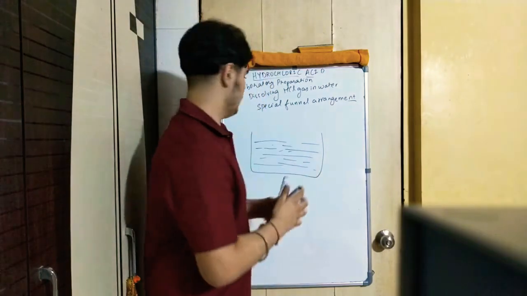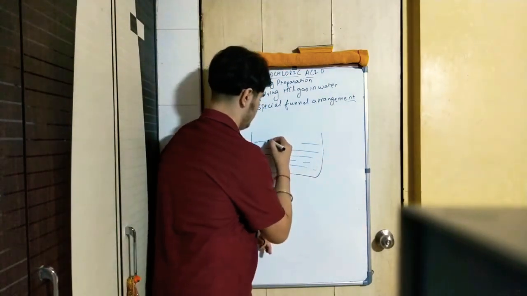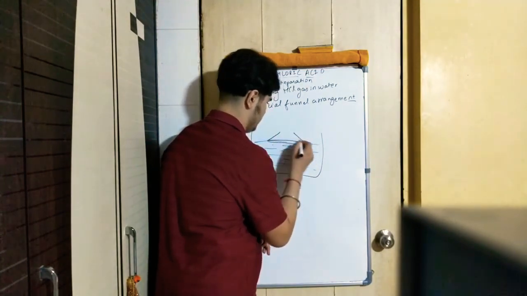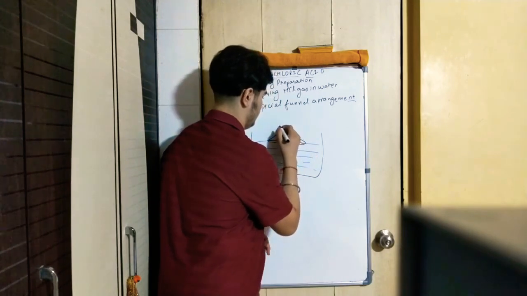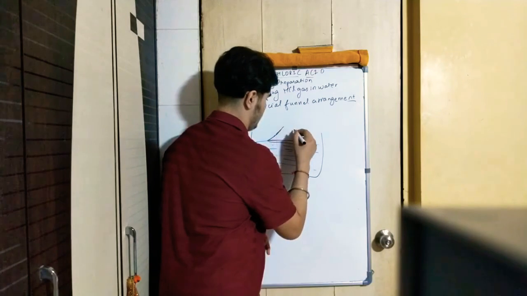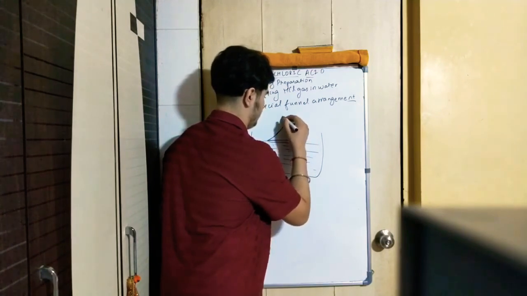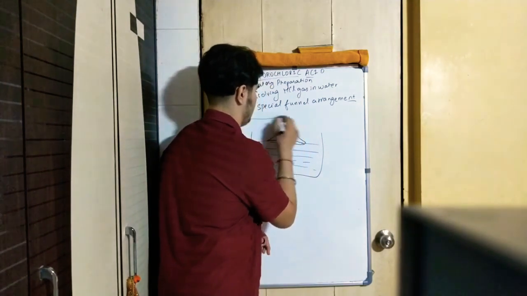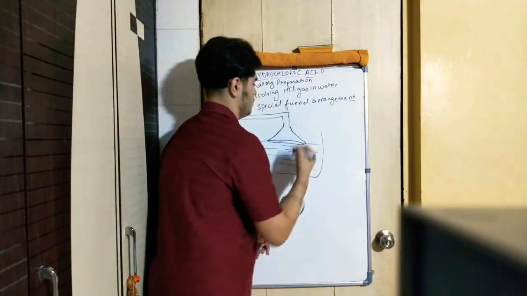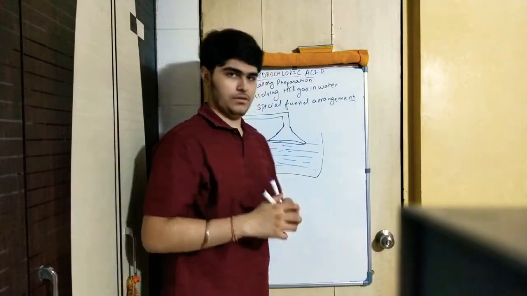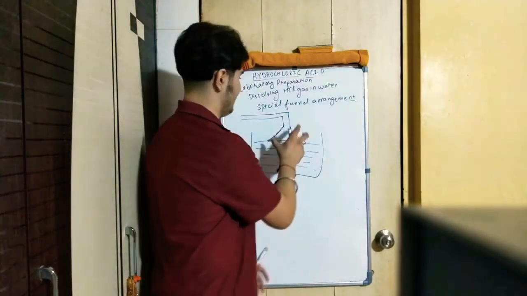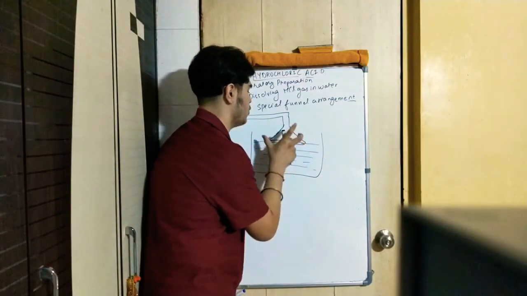So what is a special funnel? A special funnel is this. This is a special funnel. You can see the surface area is more. So it is placed at the rim, at the surface of the water.